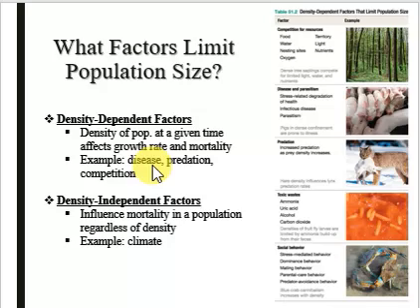More specifically, the actual effect depends on the size of that population at that time, right? So what is the population at that time? Based on that size, the actual effect that factor will have is determined.